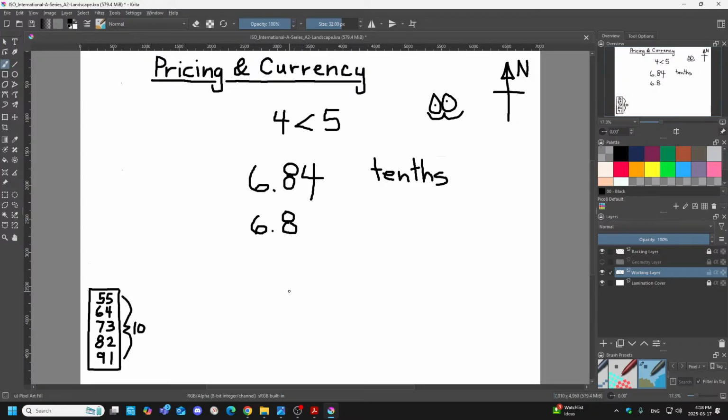And I apologize for showing that extra 0. It's actually 6.8. That's rounding to the nearest tenths, right? You shouldn't be showing the 0, because if I put a 0 there, that means I'm rounding to the hundredths. Just to be clear, I kind of had to wake up on that.